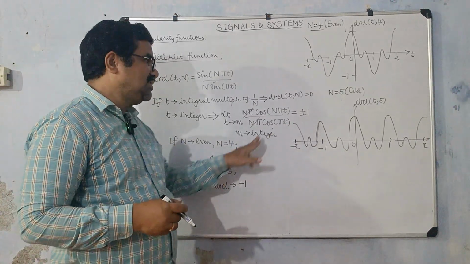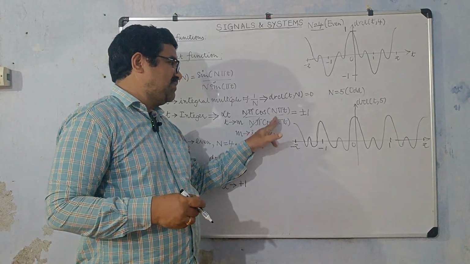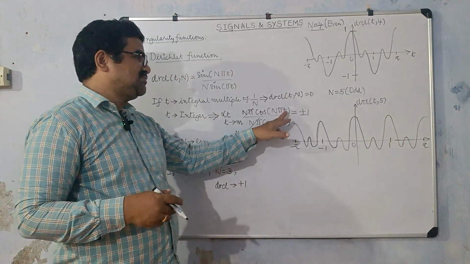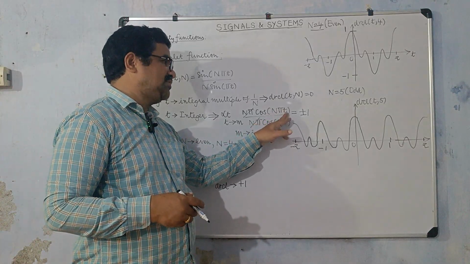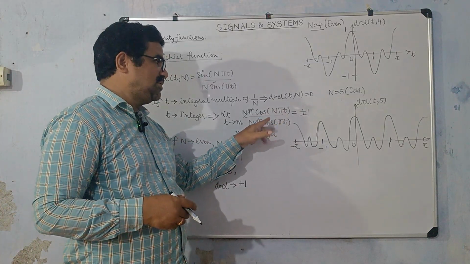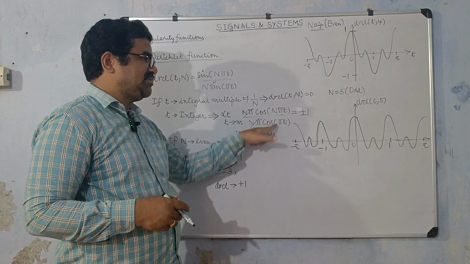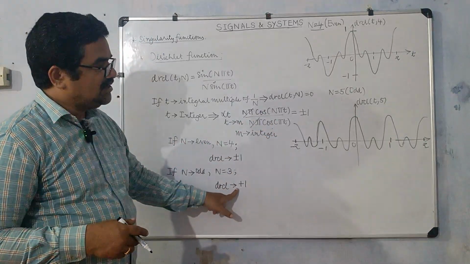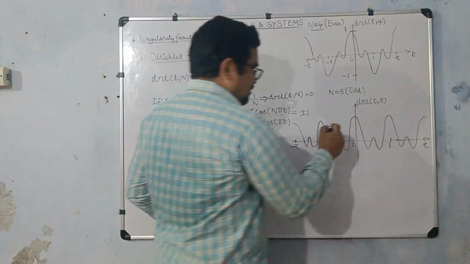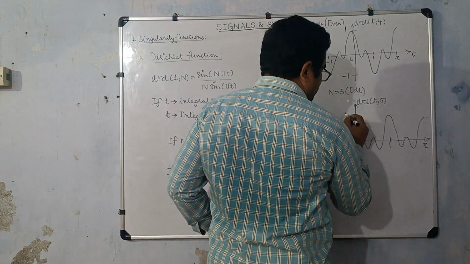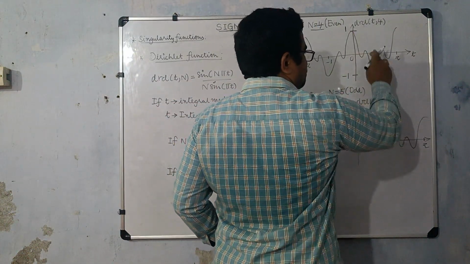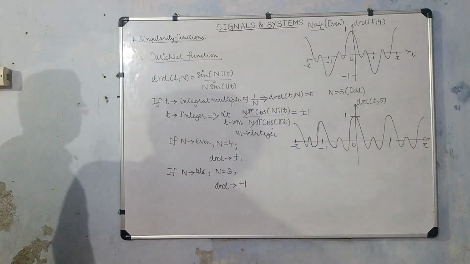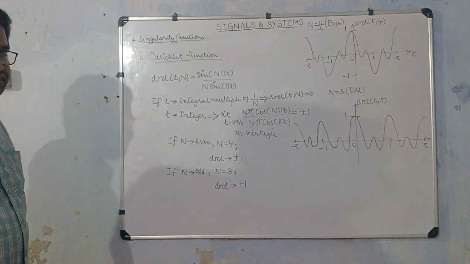When n is odd, the denominator is odd multiples of pi, and whenever t is 1, 3, or 5 it will be odd. So both of them will have minus 1 values, it will become plus, so it will always stay positive 1. Here it is always plus 1, whereas this one is changing between plus 1 and minus 1. So this is my Dirichlet function.